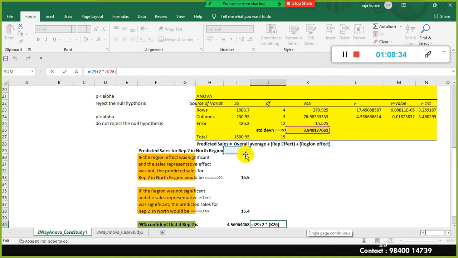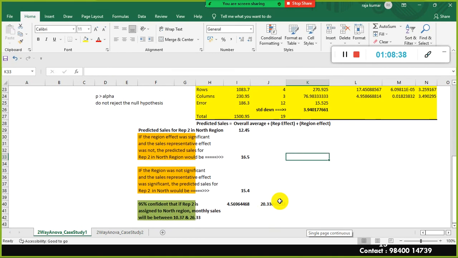So this is the overall predicted sales plus 2 into this one. In the best case scenario, if you deploy salesperson 2 in the north region, the monthly sales lie between, so he can achieve 4.56 to 20.